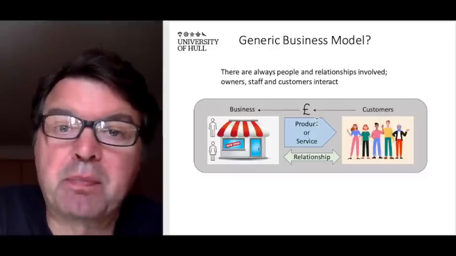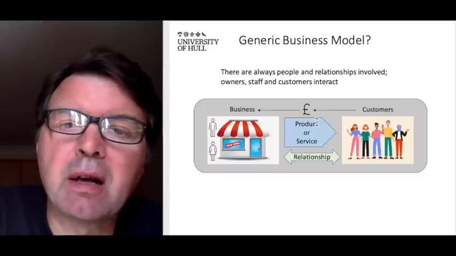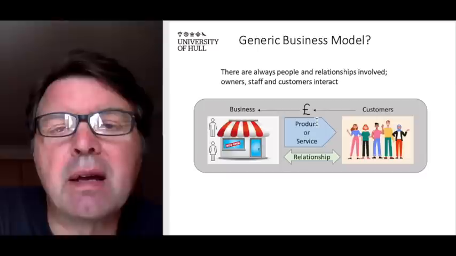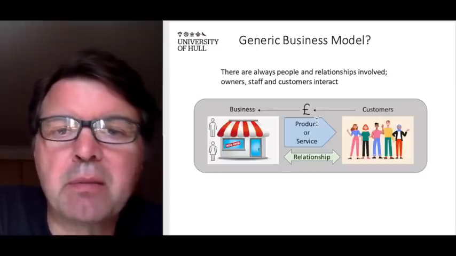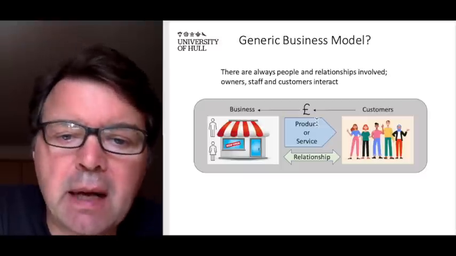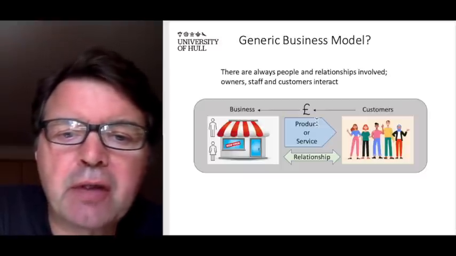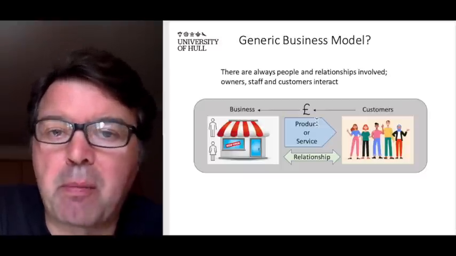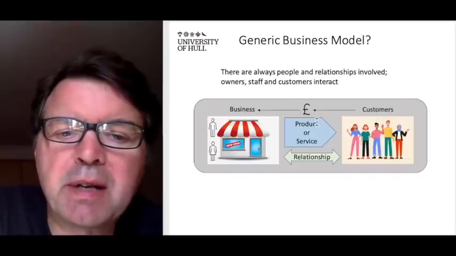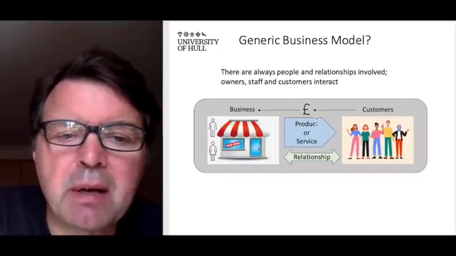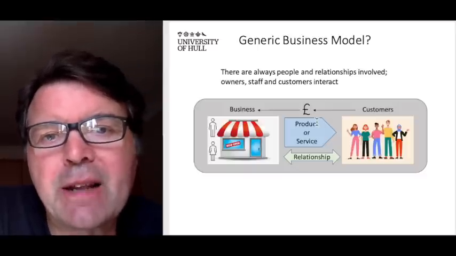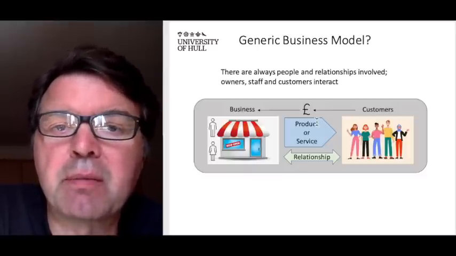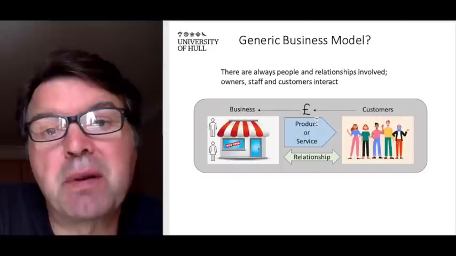That might just be the business owner themselves, or they may employ people, and obviously some businesses employ a lot of people. And of course, customers are people, so there's always going to be a sense of relationship between the business and their customers, and managing that relationship with your customers can be extremely important.